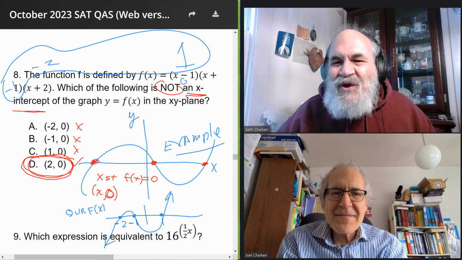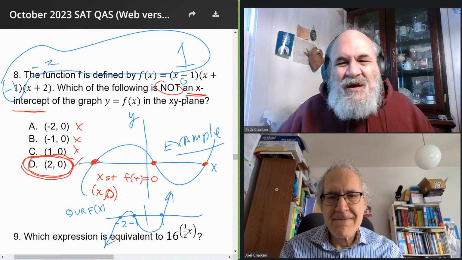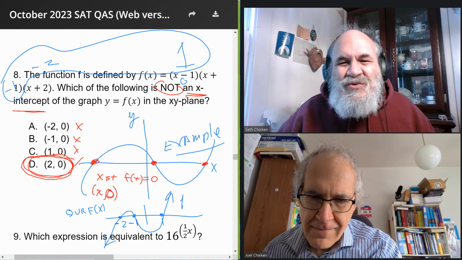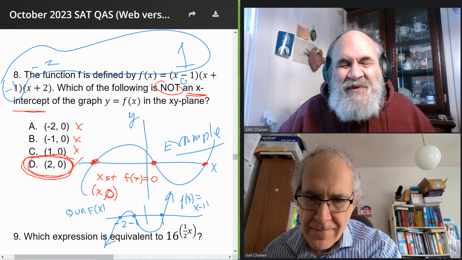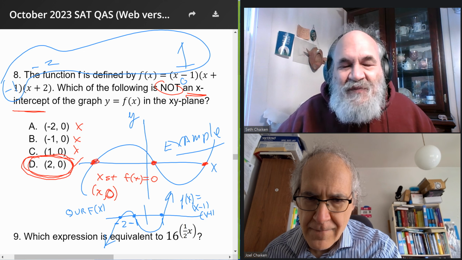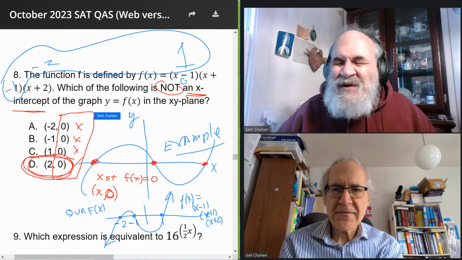So when you look at this problem, you could observe that the answer is simply given in terms of the coordinates of the points. It's also helpful to notice that every choice has a y-coordinate of 0.